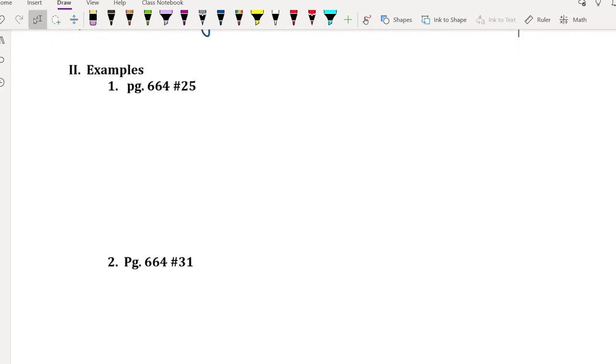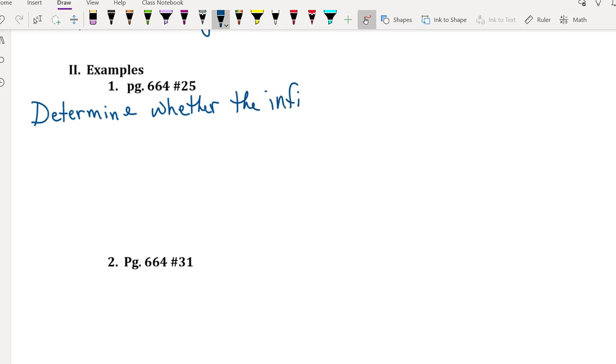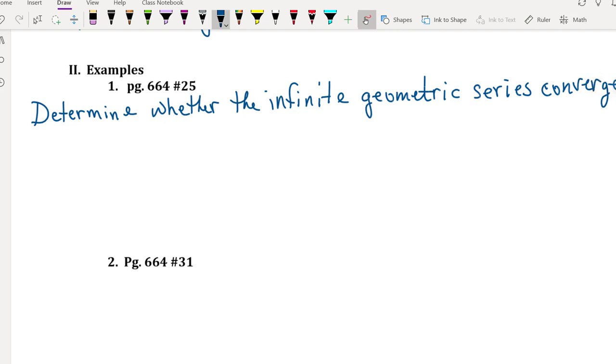Page 664, number 25. We are to determine whether the infinite geometric series converges, and if it does, find its sum.